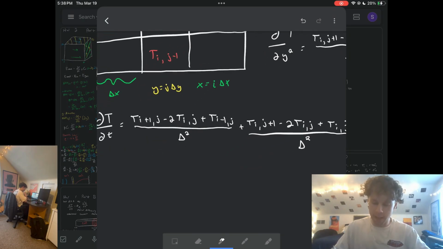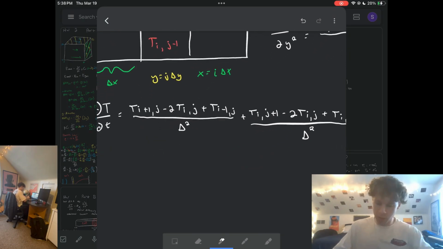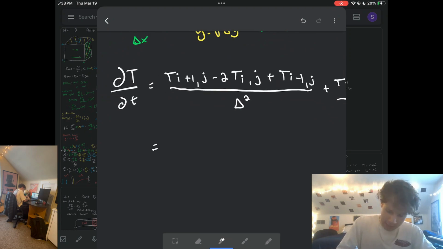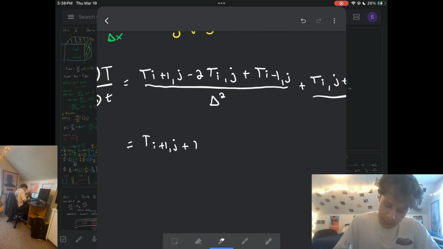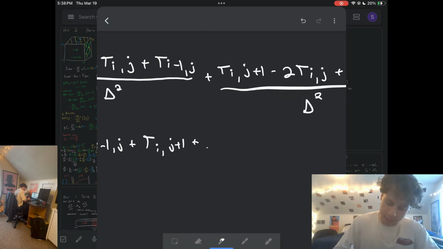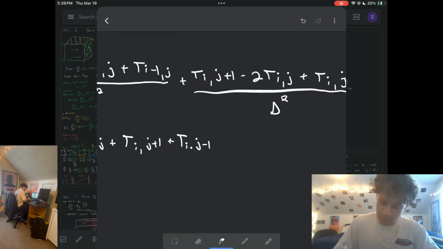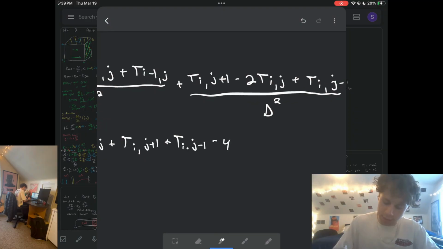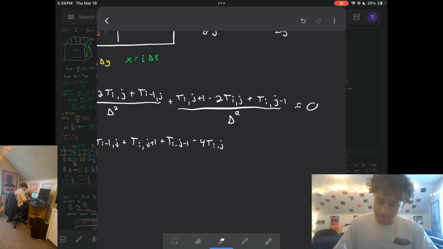So in the end, combining terms, we'll get T i plus 1 j plus T i minus 1 j plus T i j plus 1 plus T i j minus 1 minus 4 times T i j is equal to 0.